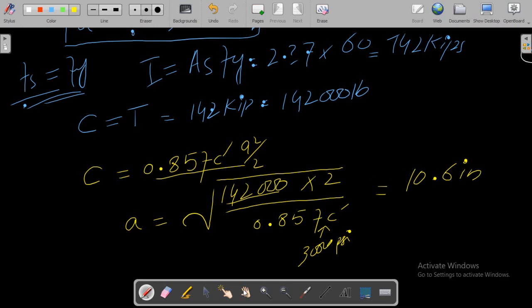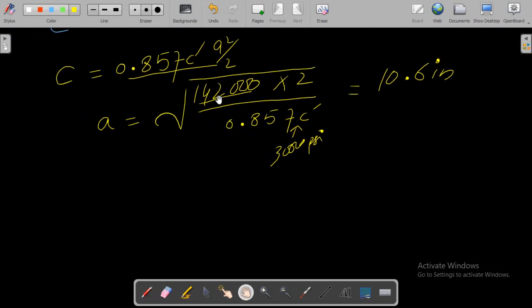Now it is easy for us to analyze the rest of the question, because we found a, so we can find the value of c. c is a divided by beta 1, and beta 1 will be 0.85 because the strength of the concrete is less than 4000. So dividing a by beta 1, we get c, that is 12.4 inches.